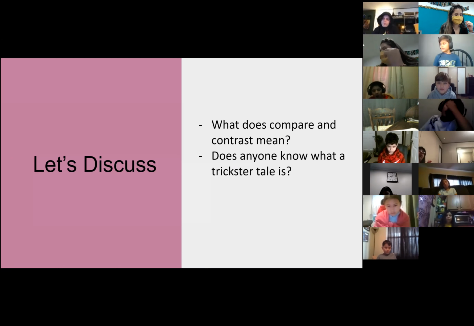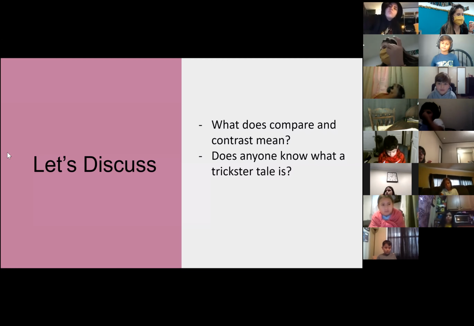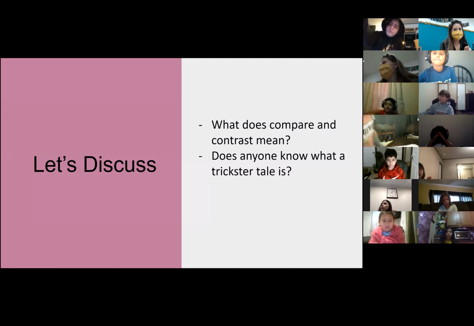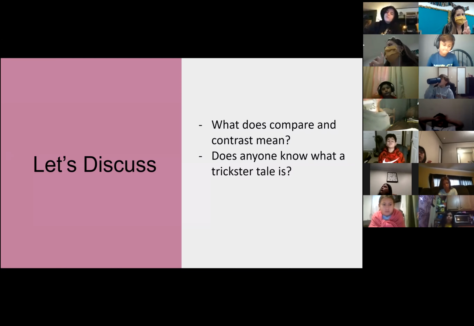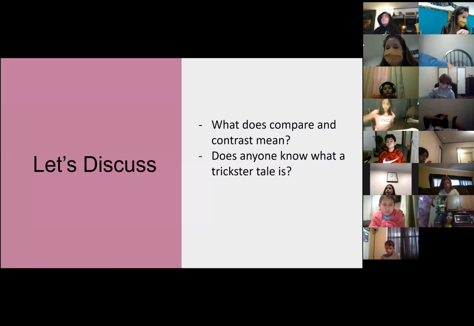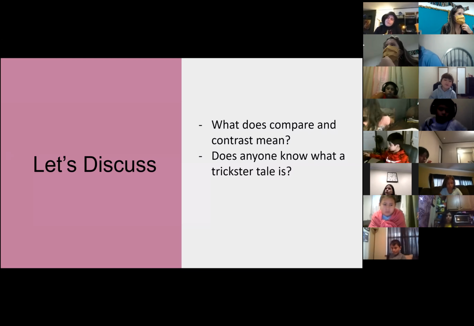Contrast means you're comparing the differences and the likes of two different things. Yes, so compare means to find the similarities. Contrast means to find the differences. Thank you. Next question.